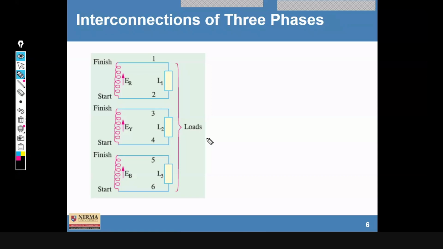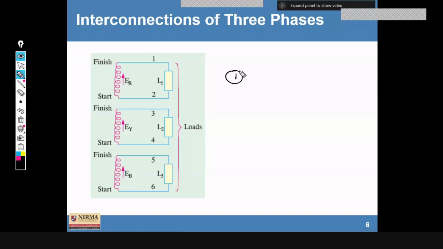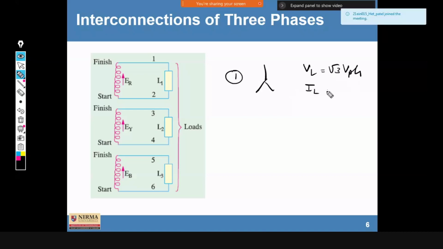We discussed two different things yesterday: star connection and delta connection. For star, we have seen that VL is equal to root 3 VPH and IL is equal to IPH.